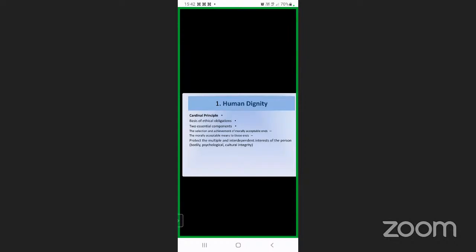Obligation means the state of having to do something, as per the law or as per duty. So we have to perform our duties. Many times the dignity has to be maintained on the basis of obligation. For example, a teacher has an ethical obligation, a binding that he must work for the improvement of the student.